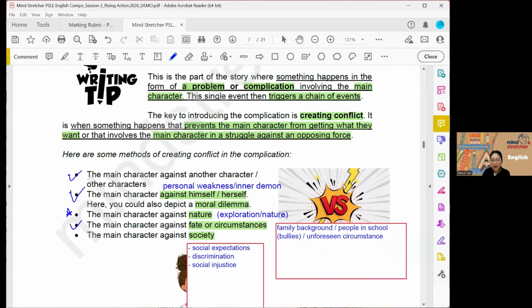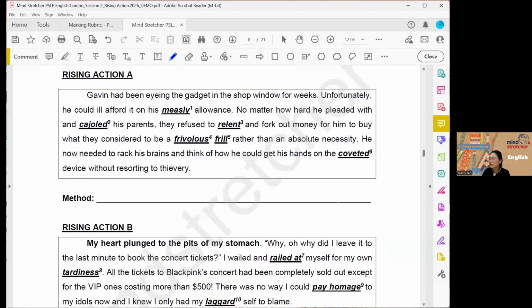So now when you read this paragraph, what kind of conflict is it? Okay? And in this 5 minutes, if you need to go for a quick break, please go ahead for your quick break. Okay? Let's pause and do this. If there's anything you don't understand, ask me, okay?